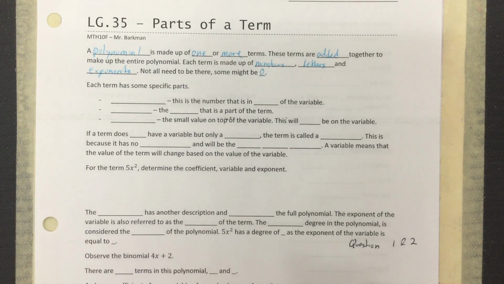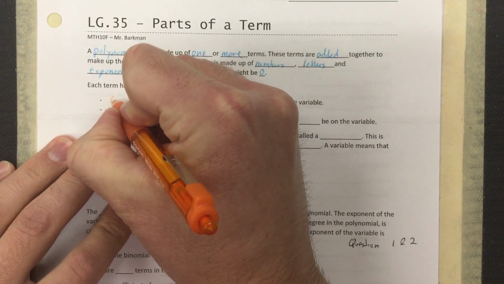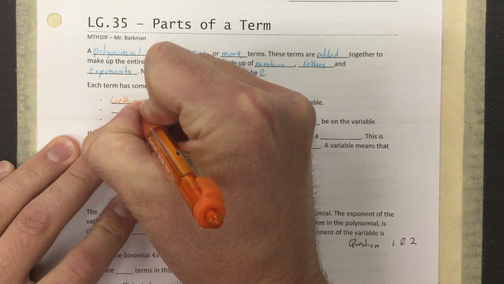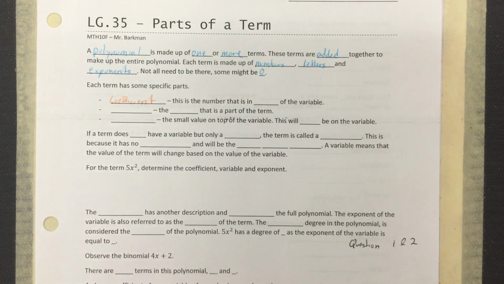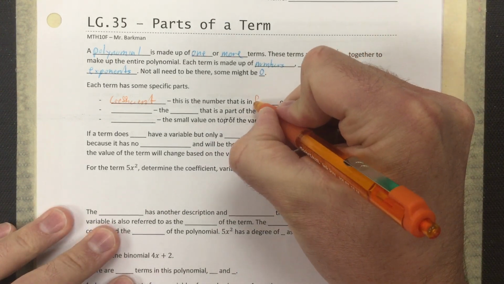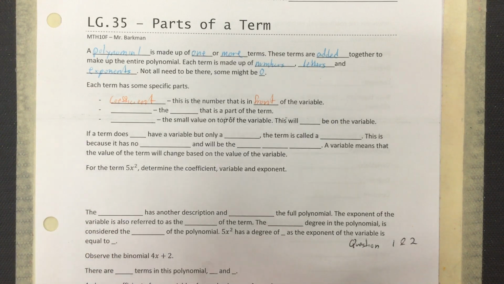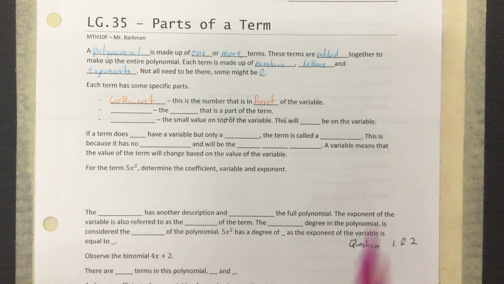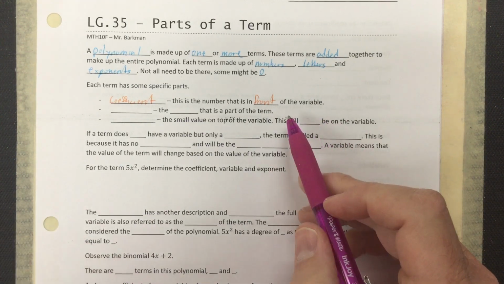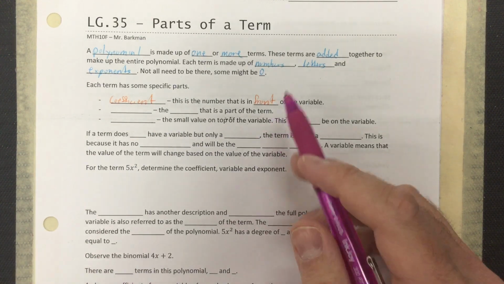Now, each term has some very specific parts. The first one is something called the coefficient. The coefficient is the number that is in front of the variable. If we have a variable, a letter, and we'll get into the variable next, there's often a number in front, and if there's not, we're going to assume that it's 1.